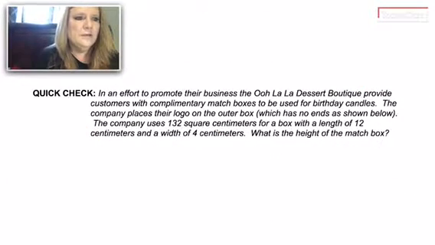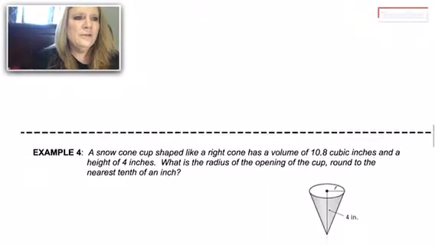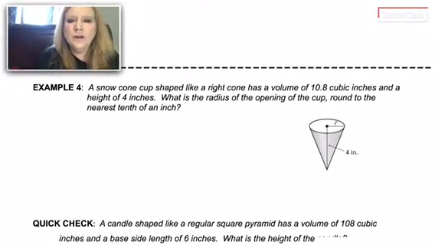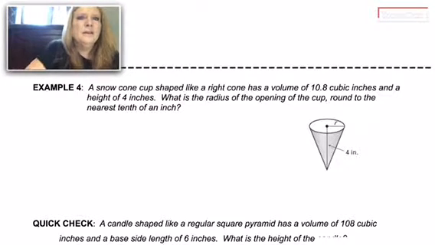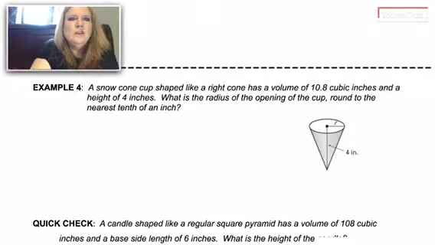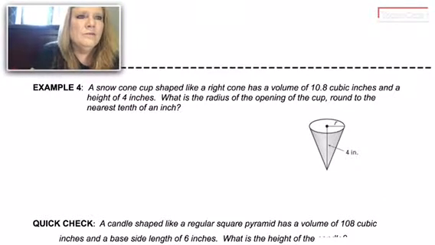One of the big things with these word problems is you have to read them and make sure that you're using the right formulas. A lot of times I double check my formulas as I'm using them. This one says a snow cone shaped like a right cone has a volume of 10.8 cubic inches and a height of 4 inches.